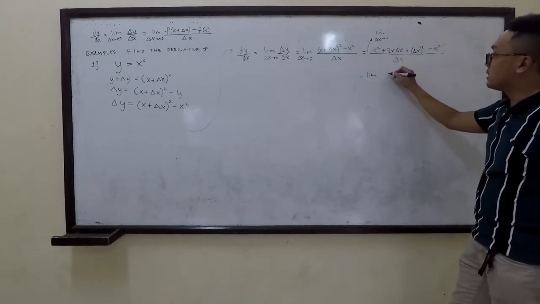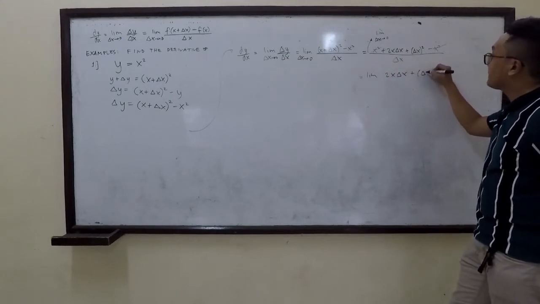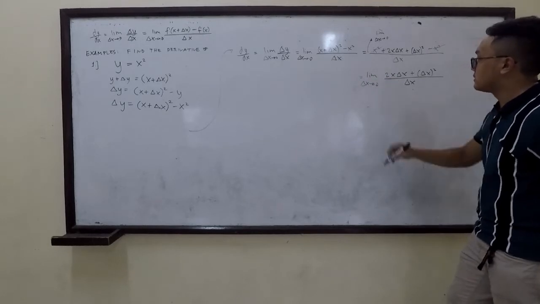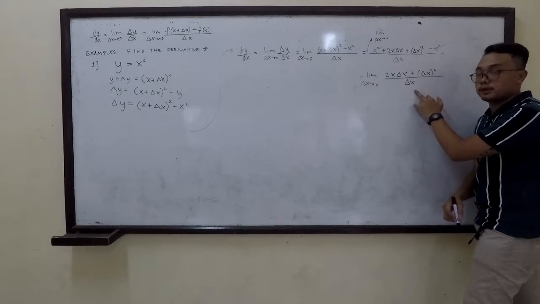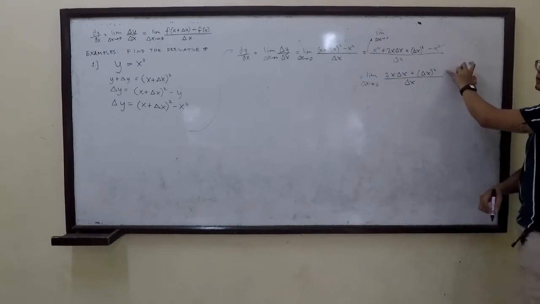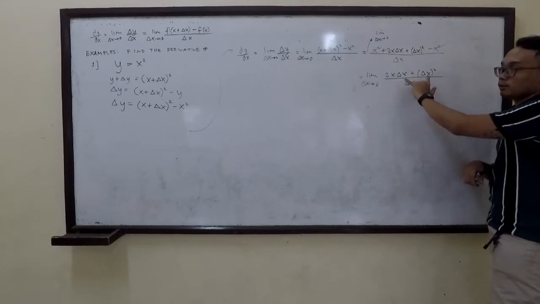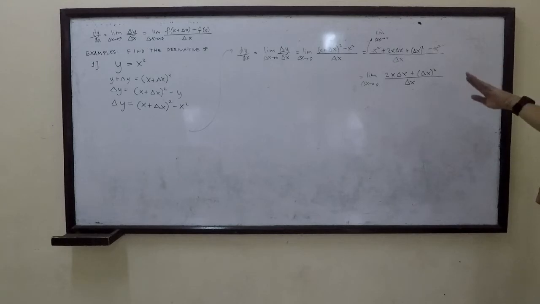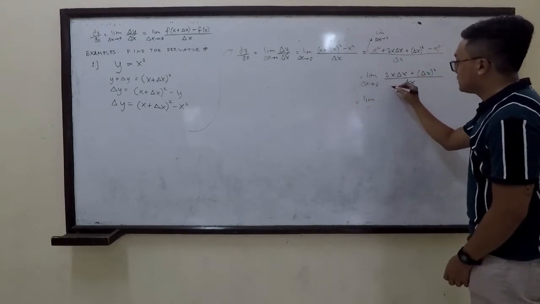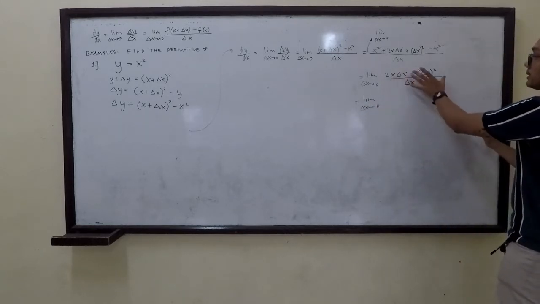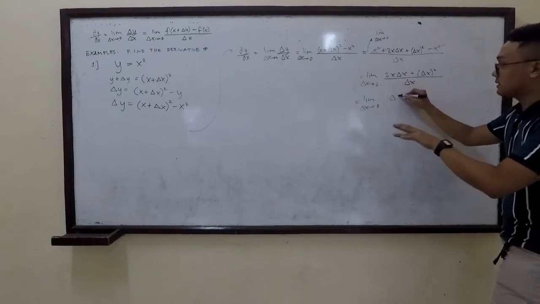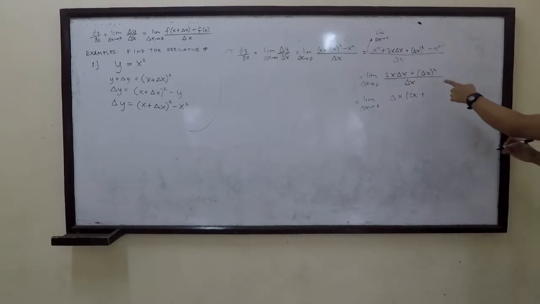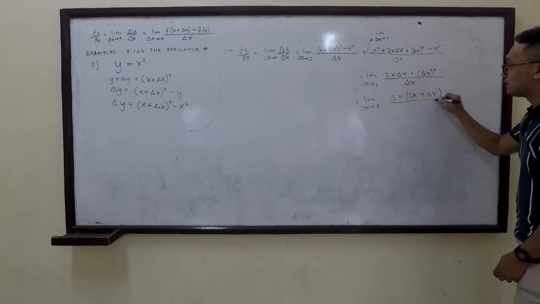Then the rest again: the limit of 2x delta x plus delta x squared over delta x as delta x approaches 0. If we insert 0 here, we cannot, because the denominator would be 0. So if you notice, the two terms in the numerator have a common part, delta x. Since it is common, we can factor it out. Factoring out delta x leaves 2x in the first term. Then since the second term is squared, one delta x is taken out and only delta x is left, all over delta x.